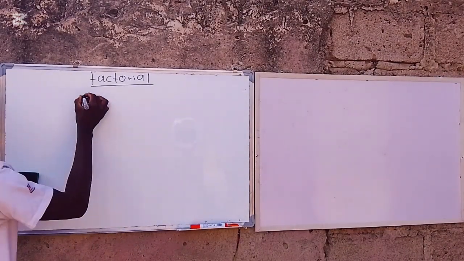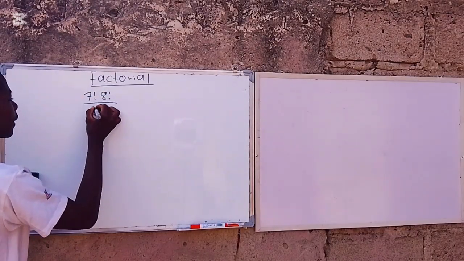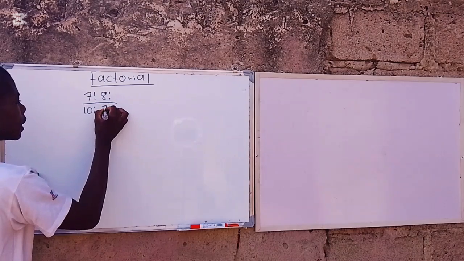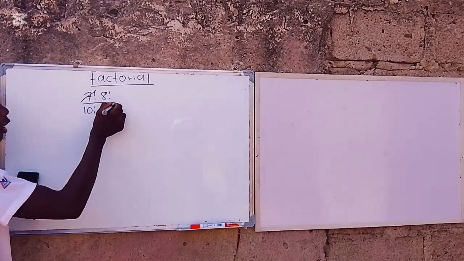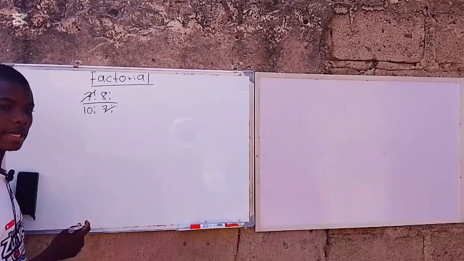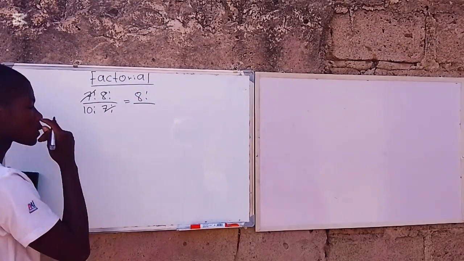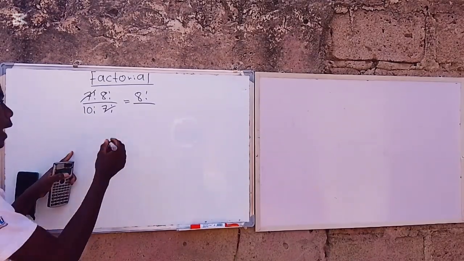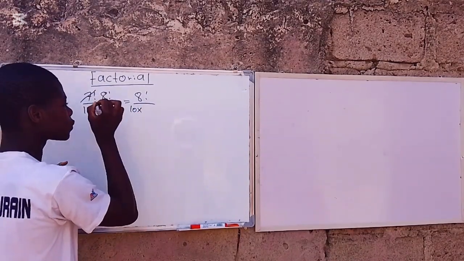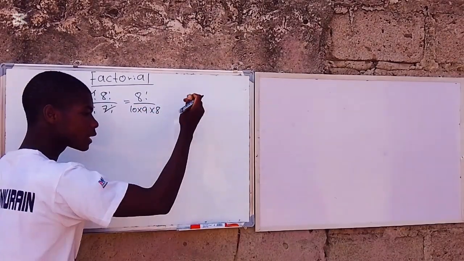What if I'm given 8 factorial divided by 10 factorial, and 7 factorial? As you can see, I will get rid of this 7 factorial, because they are the same. So this should now be 8 factorial divided by 10 times 9 times 8 up to 1.